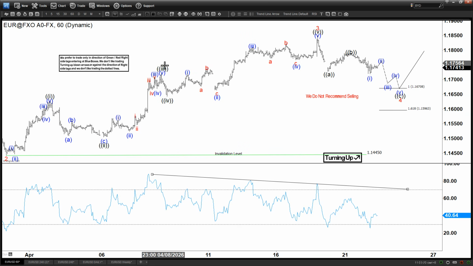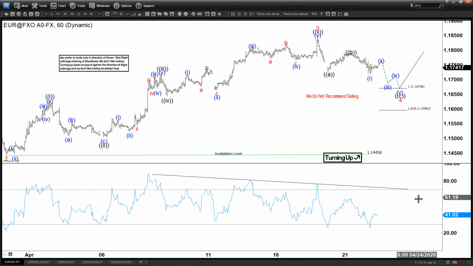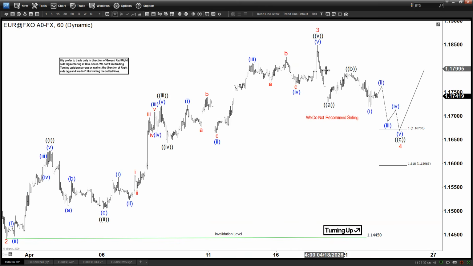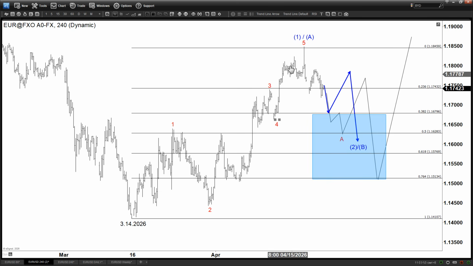You should have a divergence in this degree between 3 and 5, and you should have divergence between 3 in blue and 5 in blue. So you have multiple divergence, but usually that multiple divergence may be seen in the lower time frame, but not in the same time frame. Now, if you see it in the same time frame like this, then there is a possibility that it might have ended.